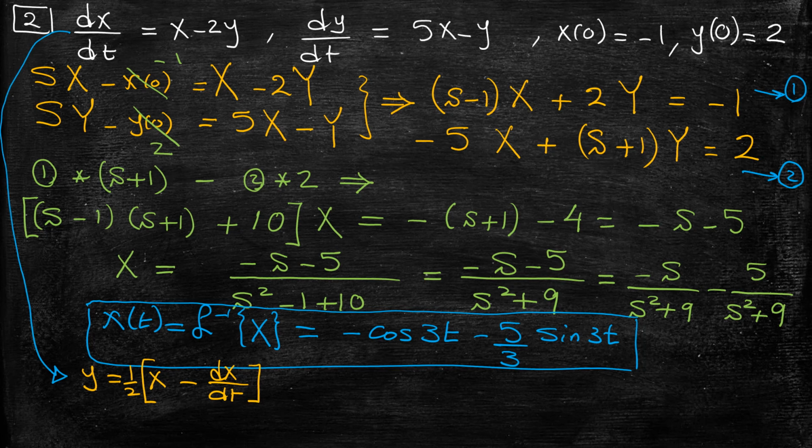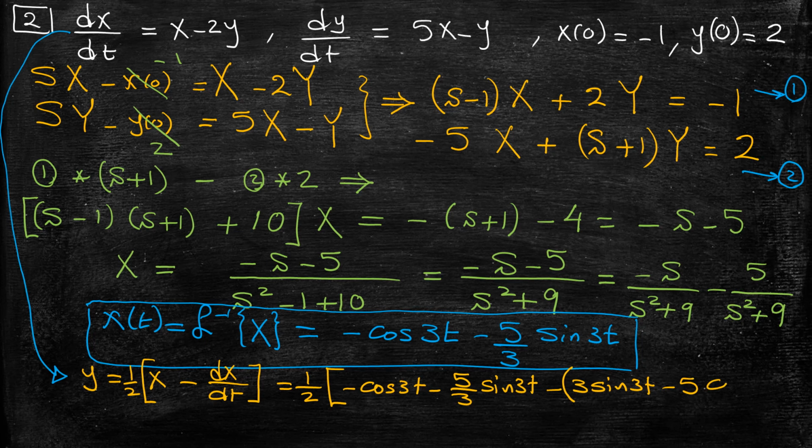From where? From the first equation given in the system of linear differential equations in this problem. So this will be half, x is minus cosine 3t minus 5 over 3 sine 3t, minus dx by dt. So dx by dt will be, this minus will be plus, 3 sine 3t, and then 5 cosine 3t.